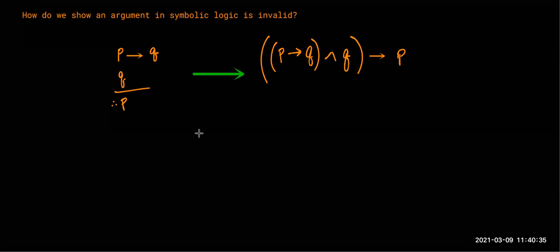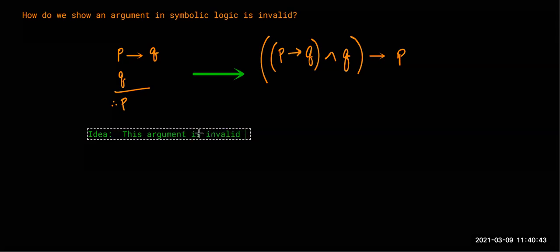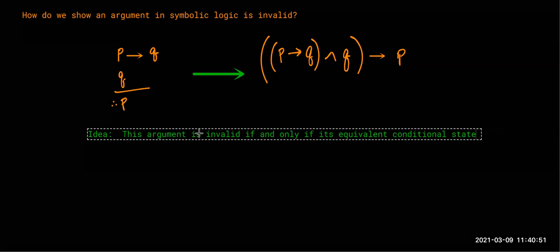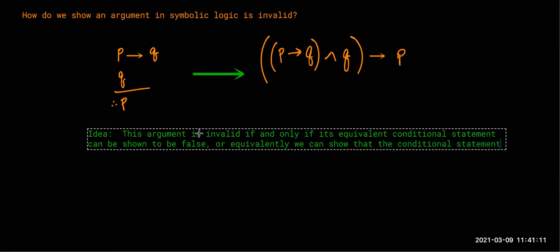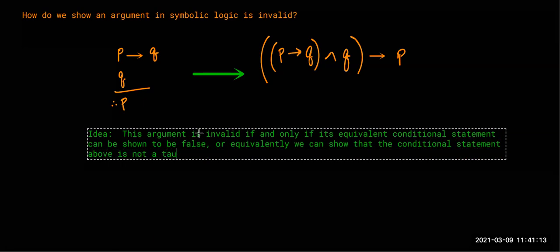Basically, the main idea is this. This argument is invalid if and only if its equivalent conditional statement can be shown to be false, or equivalently, we can show that the conditional statement above is not a tautology.